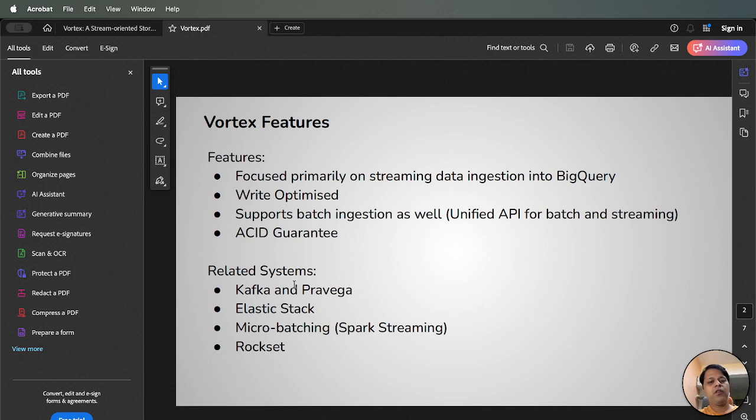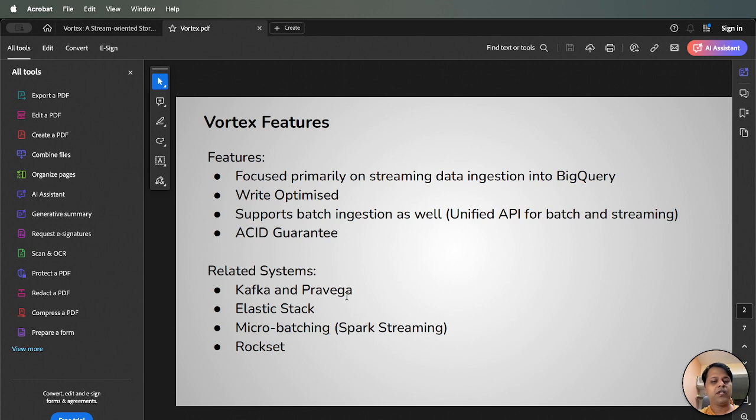Along with Vortex, which is more related to BigQuery, what other systems are present in the market to solve this kind of streaming data handling? One is Kafka and Pravega, which are mostly messaging systems that act as a central storage, or you can say a storage tunnel, where you publish all your data, and downstream or other systems read the data from it.